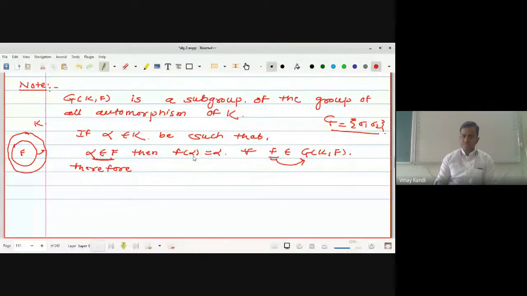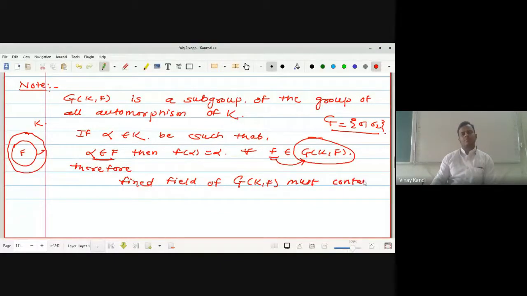Then if we find the fixed field of G_K(F), it must contain F. Do you understand what I am saying? Okay, suppose we take an element from F. Suppose this one is alpha belonging to F. This one is small f. This one is capital F. Alpha belongs to capital F.